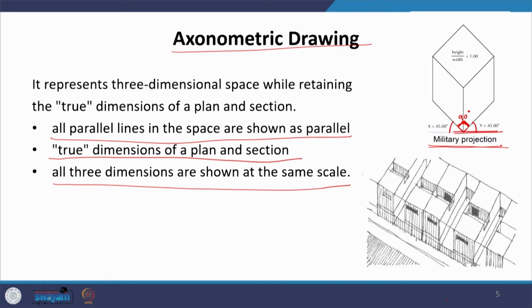So, this is 90, and then we just project the third axis, which is the vertical axis, the height of whatever object we are drawing, and we get a very realistic 3D drawing without putting in much effort. Now, you will ask how it is that we are not putting in as much effort.